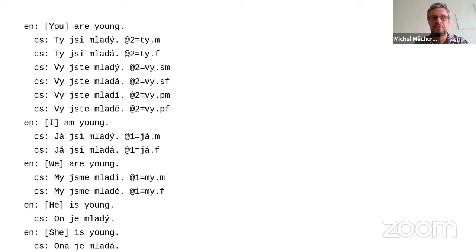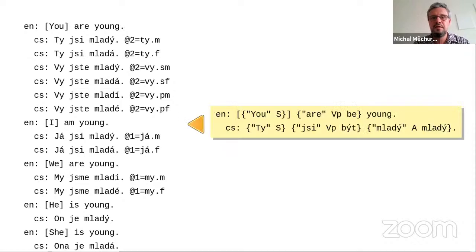So for example, for each cluster like this, I would be able to write just a single entry with some placeholders in it, and then some sort of rule-based system would magically generate all the possible forms for me, and annotate them with these tags at the end that tell me whether it's you singular, you plural, and so on. All of this would happen automatically, and at the same time it needs to happen in a way which is reliable and guaranteed to be grammatically correct.